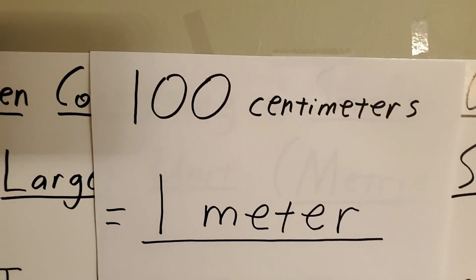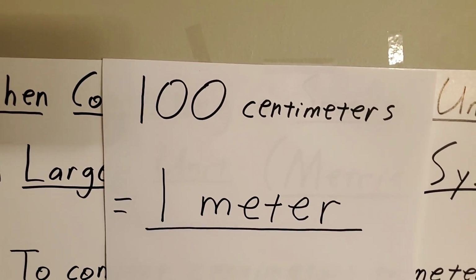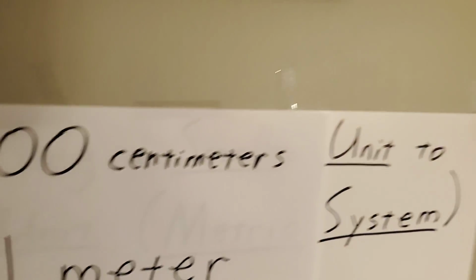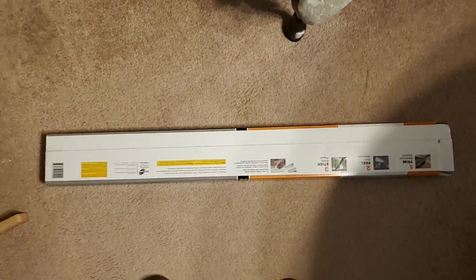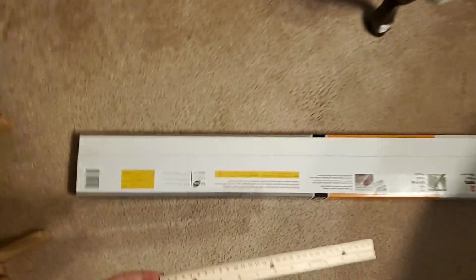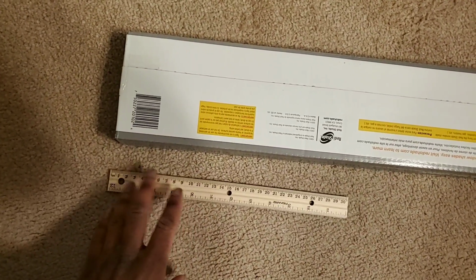Now, since I'm not able to get a meter stick, I looked everywhere I can, looked through Walmart, Target, couldn't find anything. So I am going to show you how long a meter is. So I want everybody to look at this little box right here. Matter of fact, we're going to compare it to the metric side of this ruler.